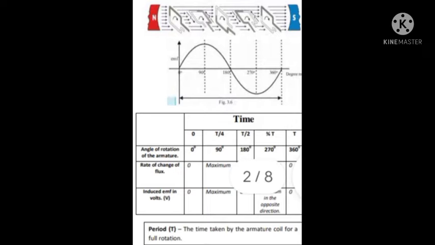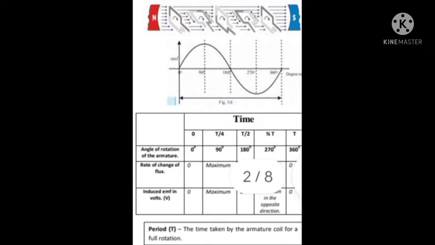When it is rotated to 90 degrees, the rate of change of flux and induced EMF is maximum. In the graph, we can see this. Then, at an angular rotation of 180 degrees, that is T by 2, the rate of change of flux and induced EMF become 0.